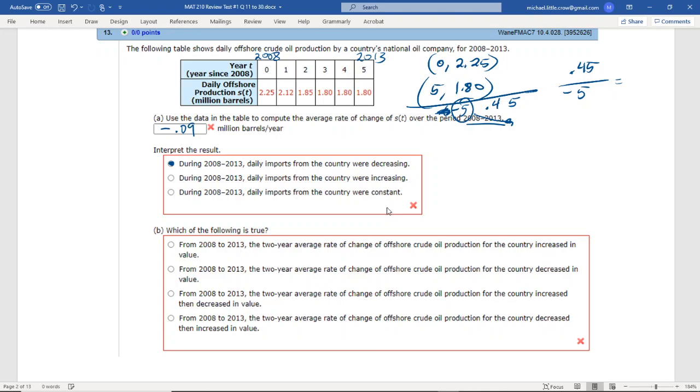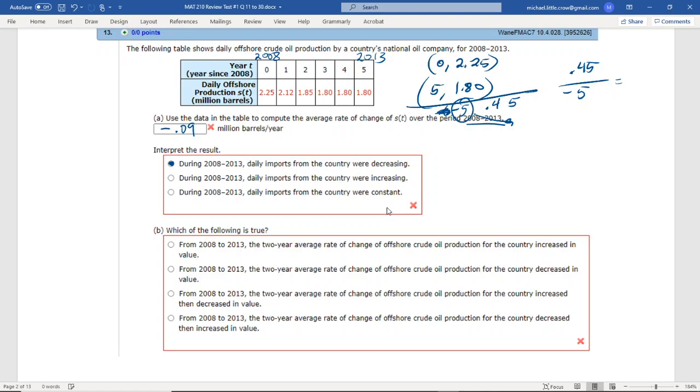It's decreasing, it's decreasing, it's decreasing, and then it gets constant, so let's see if they have that choice. Decreased in value, increased in value, then decreased in value. No. Increased in value? No. Decreased, then increased in value? No, just decreased.